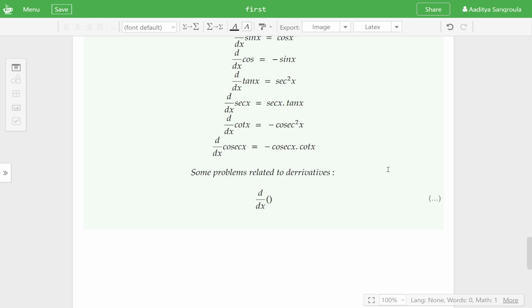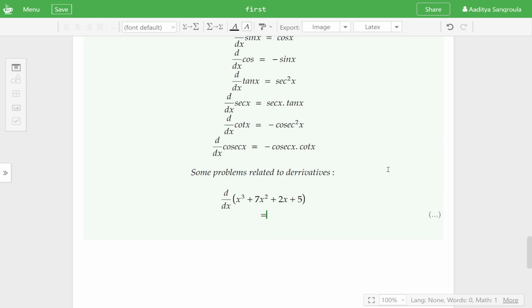Now we have to calculate the derivative of x cubed plus 7x squared plus 2x plus 5.